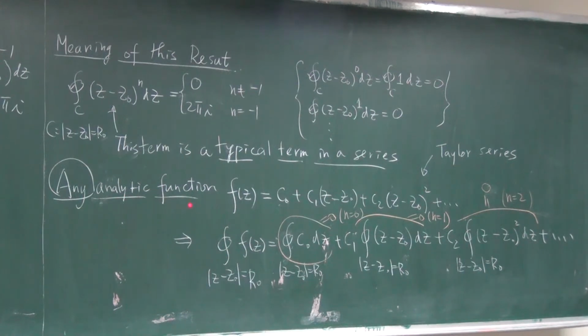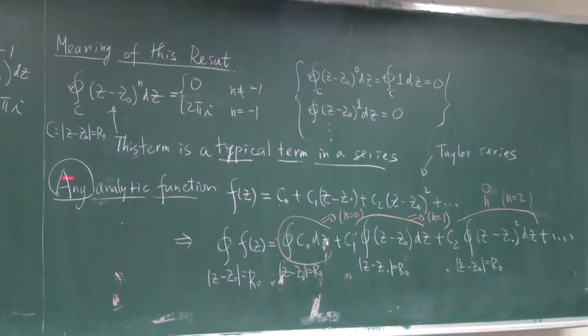Let me show you one expression here. Any analytic function can be expressed in terms of a Taylor series in this way: f(z) equals z0 plus z1 plus z2 times (z minus z0) to the power 2, and so on. This is called the Taylor series. The point is, this function can be very arbitrary.